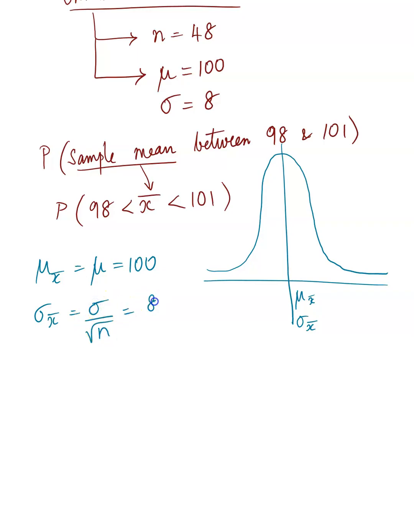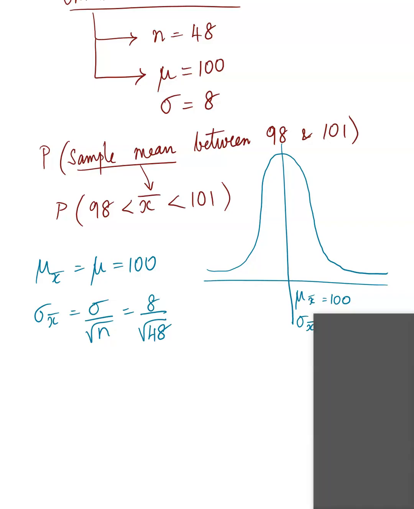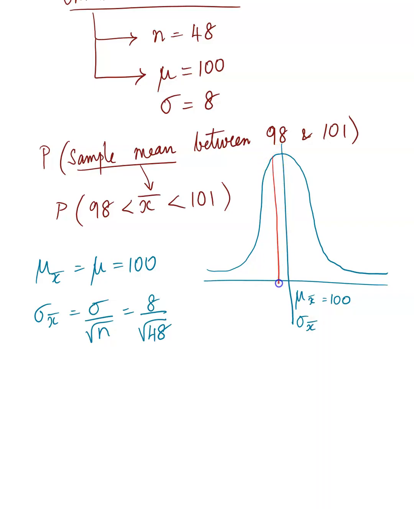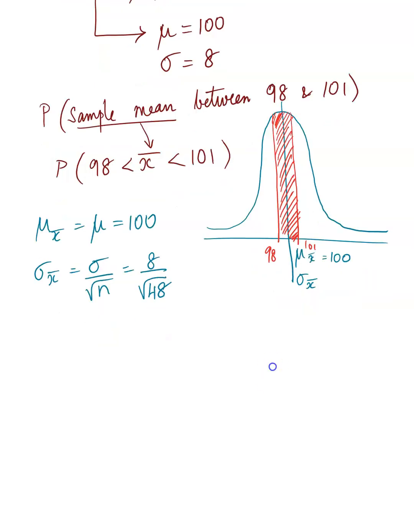So that's going to change to 8 over square root of 48. So that's what we have here. If 100 is the middle value, then we can have 98 somewhere here and 101 right there. Looks like it's going to be a thin sliver. And you're trying to find this area, the red shaded area.